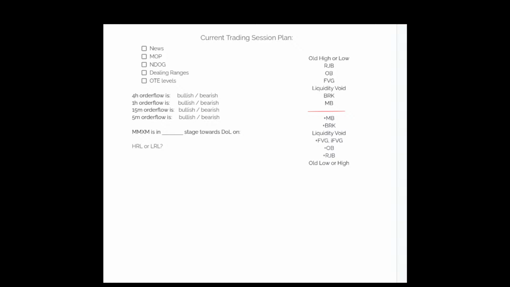If you want to look for optimal trade entry, we'll get the ends of the candles. I'll just mark this off here.